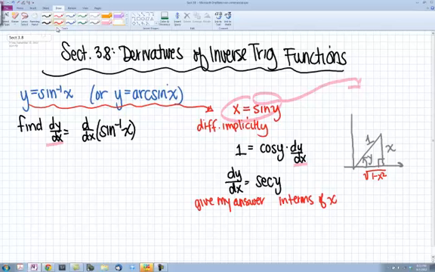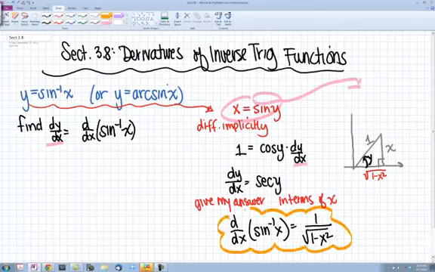So if I were to figure out what secant y is, well, this is our angle y in our triangle, so I want secant, which is the reciprocal of the cosine. So what do you have for that? That's going to be 1 over the square root of 1 minus x squared. This is the derivative of inverse sine x.